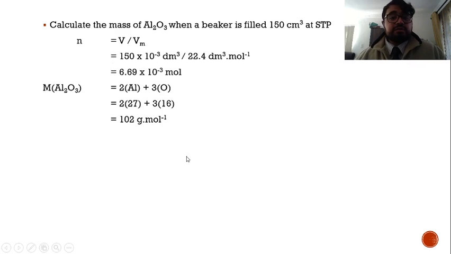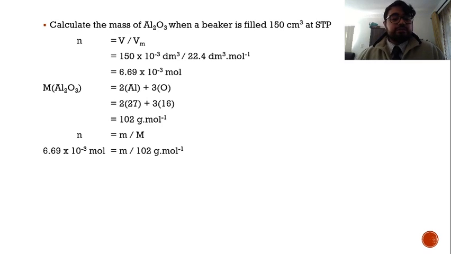So let's write down our formula. Number of moles equals mass over molar mass. We have to rearrange the formula, but first you plug in all your values so you know what you're calculating. Our number of moles for aluminium oxide is 6.69 times 10 to the minus 3 mole. That equals mass, which we're calculating, over the molar mass, which is 102 grams per mole.